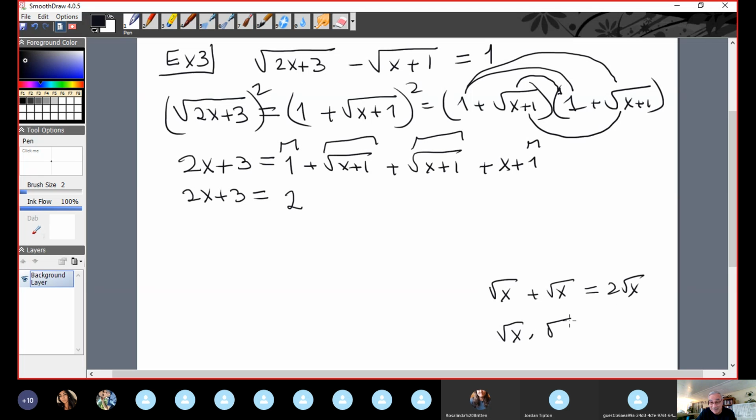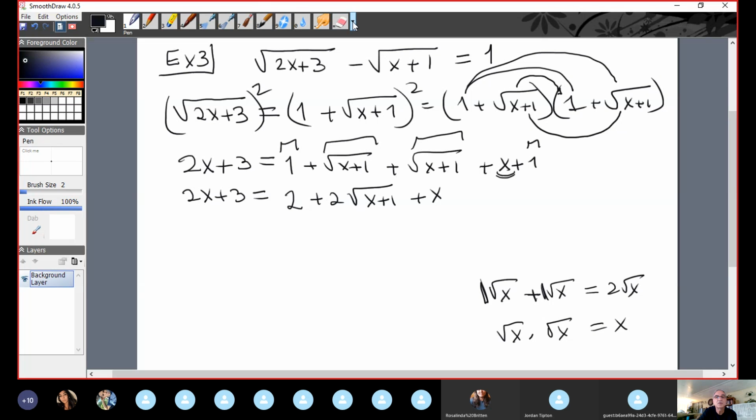Radical x plus 1 times radical x plus 1 is x plus 1. But when it's plus, you add the coefficients. This is 1 and this is 1, and 1 plus 1 is 2. Entonces 2 radical x plus 1, plus x. This is the simplification so far.